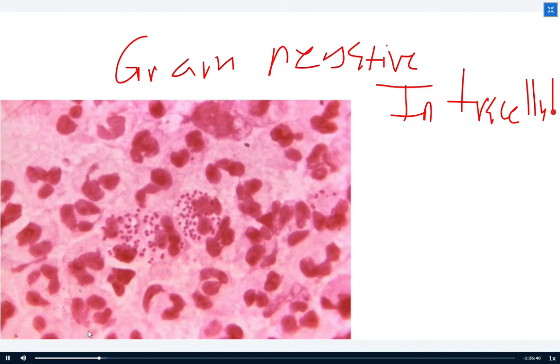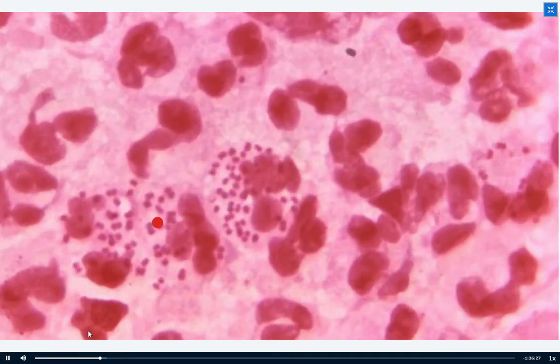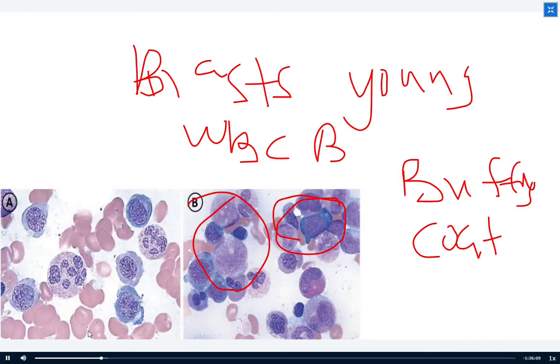So they would usually be seen inside the cell. What cell? The WBCs, specifically your neutrophils. Now, this is the appearance of your Neisseria meningitidis inside a WBC. They would usually be seen in WBCs, class. That is why the best specimen or the best smear for that would be your buffy coat smear.